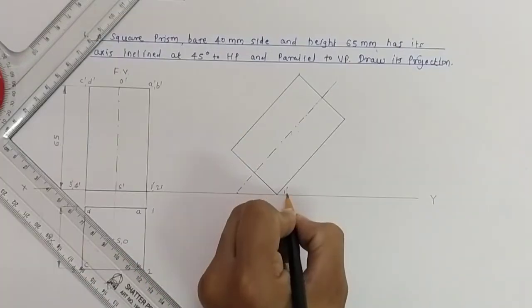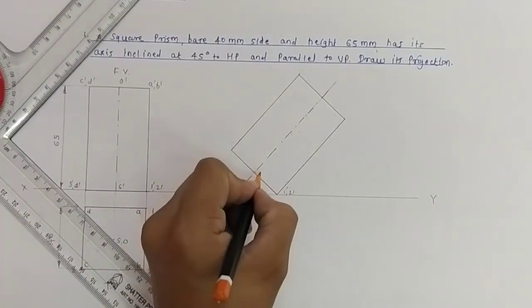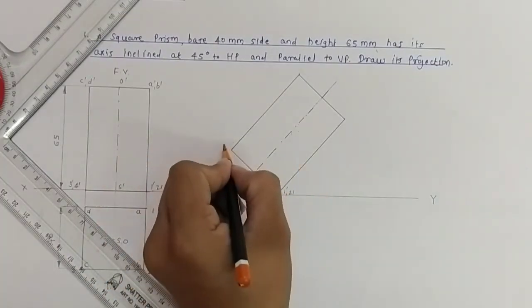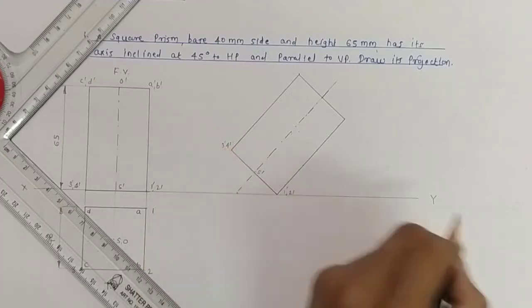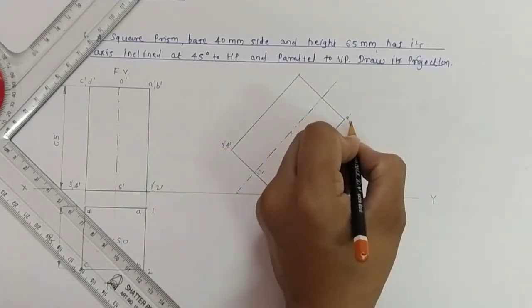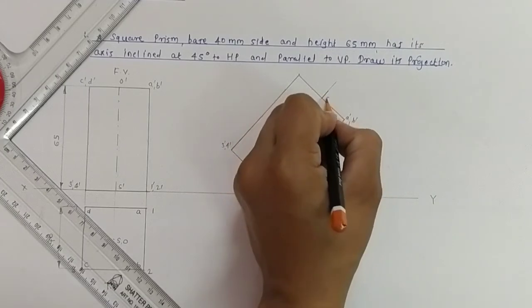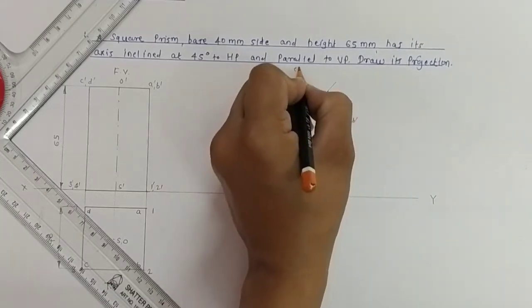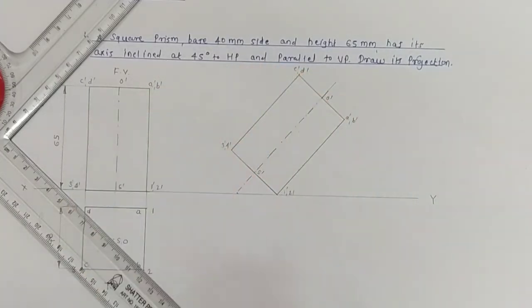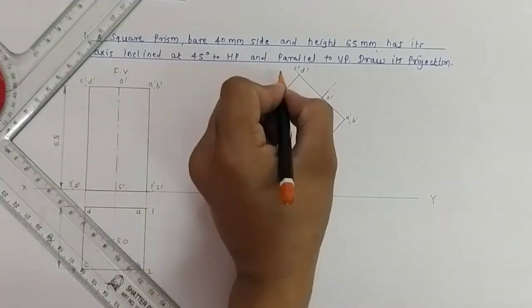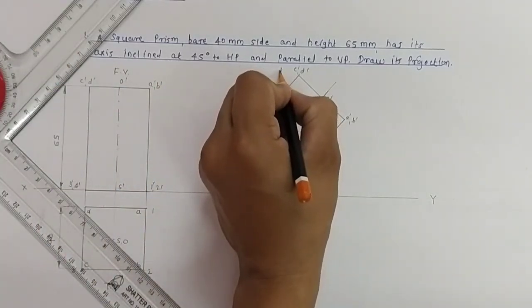Now 1 dash 2 dash is at the bottom. And show the position of the observer. It is very important for solving such type of problems.